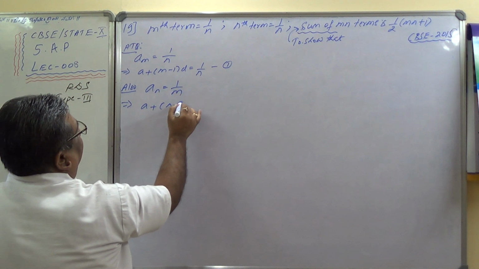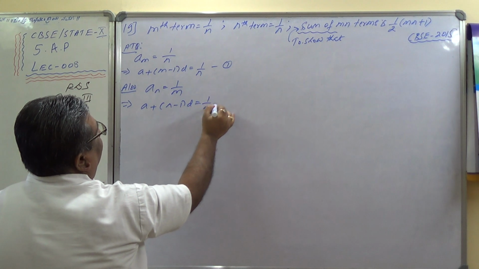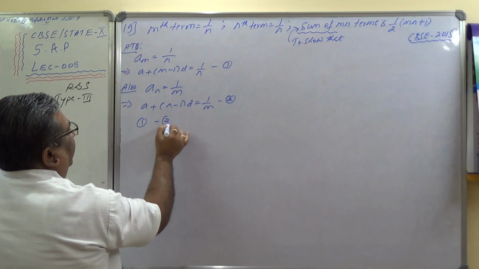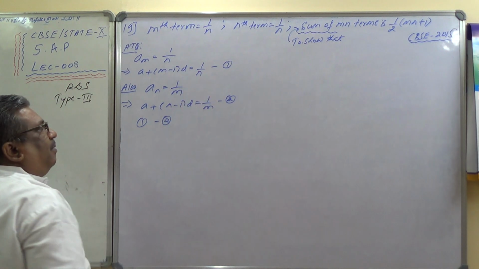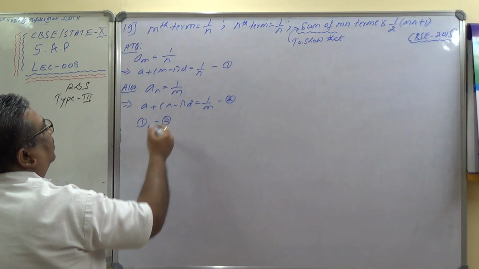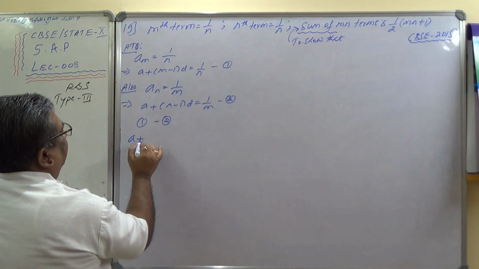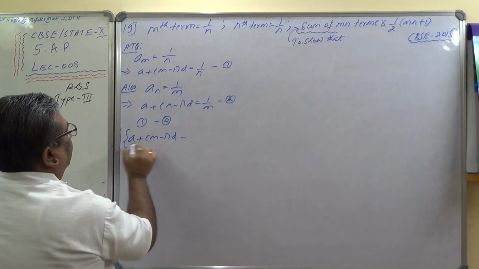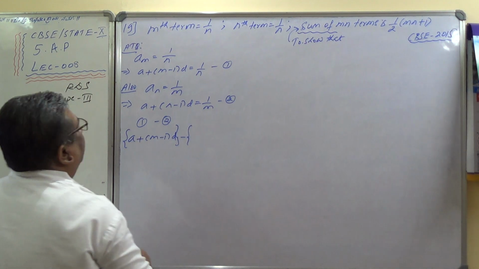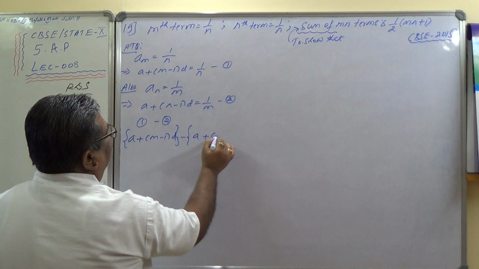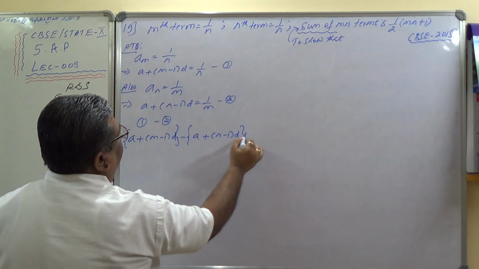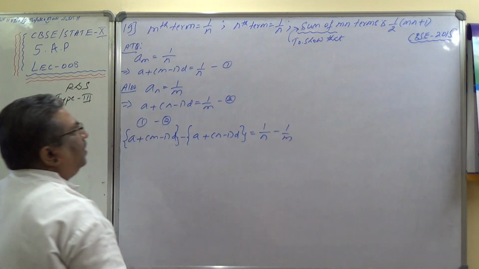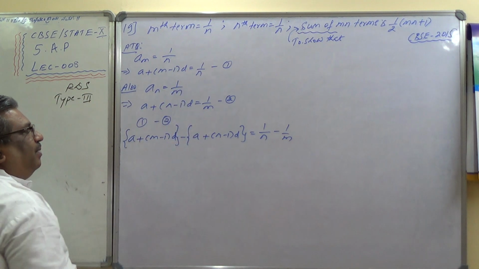A plus n minus 1 into D equals 1 by m. Mark this 2. Subtract 2 from 1. So here I use the horizontal method: A plus m minus 1 into D minus A plus n minus 1 into D equals 1 by n minus 1 by m. This minus this, 1 minus 2 I am doing.